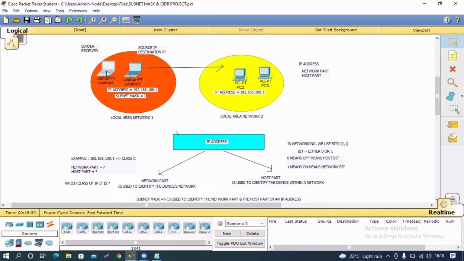Similarly, what is its identity? Because in this network we have lots of machines. What exactly is this machine's identity on this local area network 1? That also it should know. This is the host part and the network part. So how do we recognize this network and host part in this address?